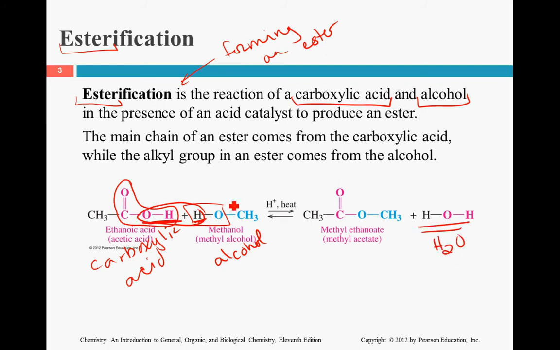In the process, this carbon and this oxygen are linking up, and that's where you get that carbon-oxygen bond. So in the process of esterification, you get water as a product, and you also get this ester as a product.